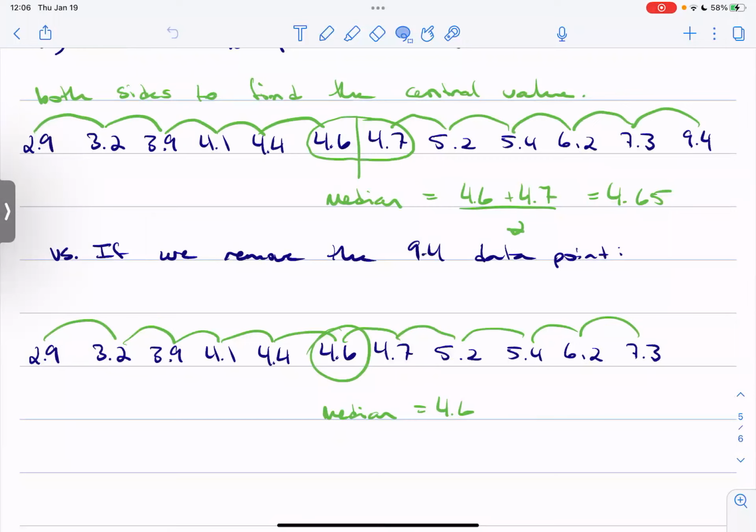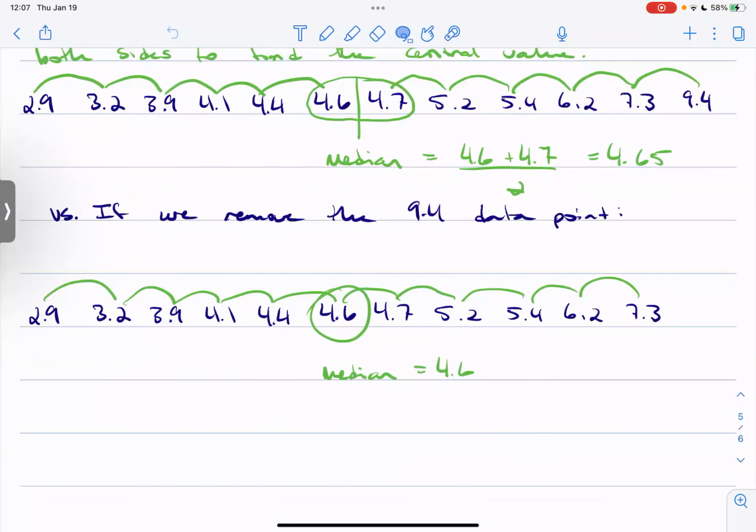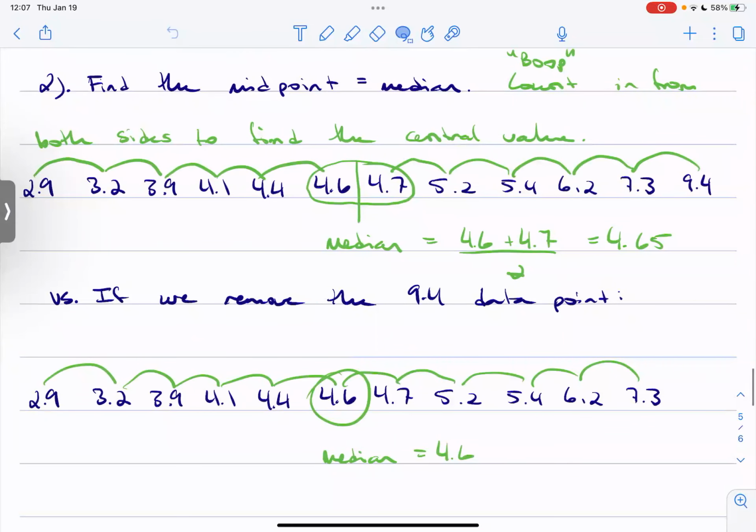When R calculates the median, it doesn't just take the average, it looks at all the other data points and says, oh, I should be a little bit more over to this side or a little bit more over to this side. It is just a little bit fancier than what we do by hand, but very similar. That's how you find the median.